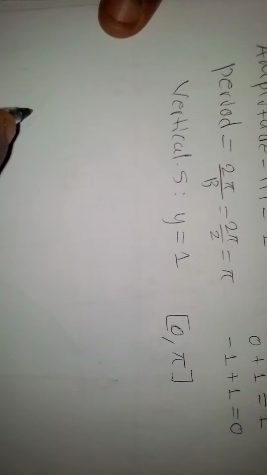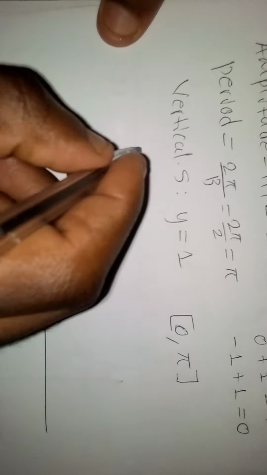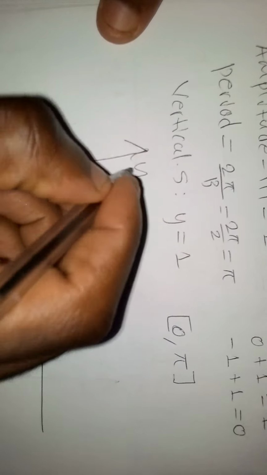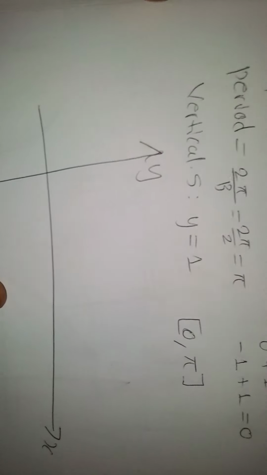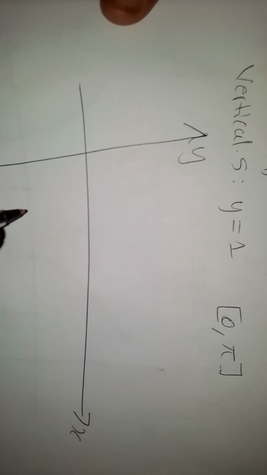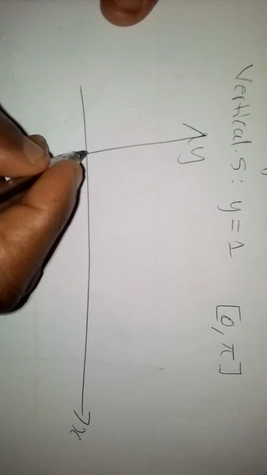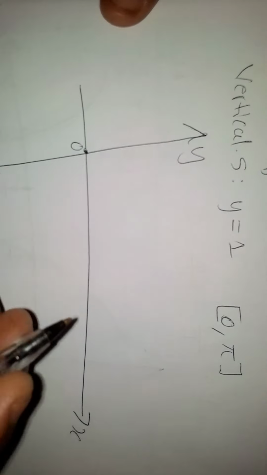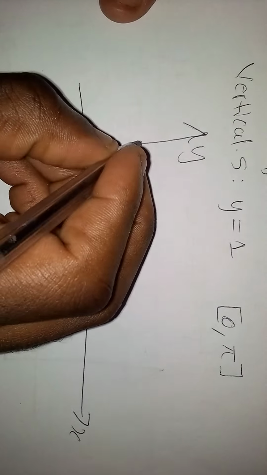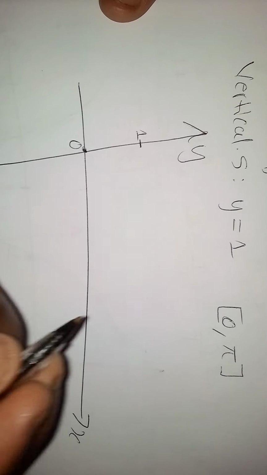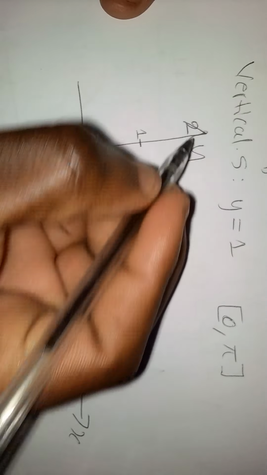So we have y, we have x here, then the lowest point on the y-axis is 0, then the middle point would be 1, meaning that the x-axis has shifted at 1, then up to 2 here.